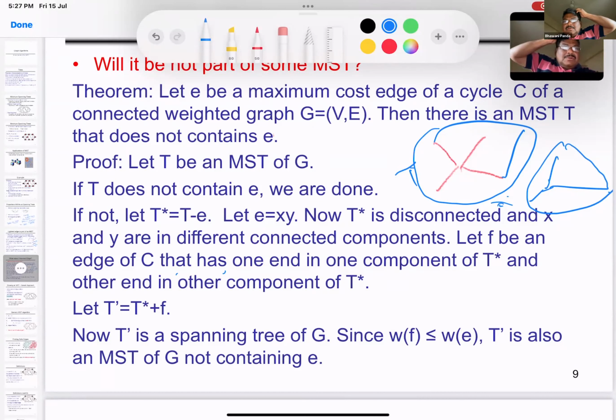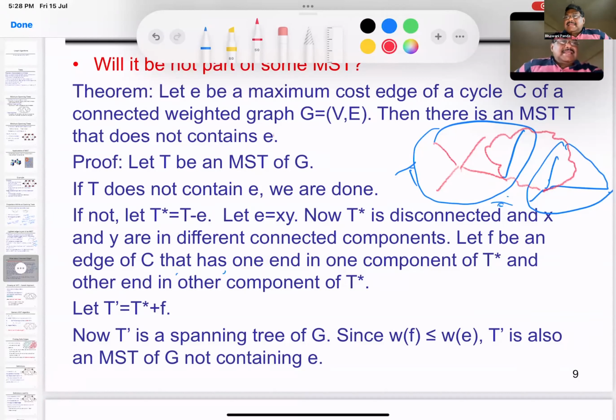The removed edge E is there in some cycle C, so therefore there is an edge between the two components. That cycle will go from here, somewhere, and then come over here.